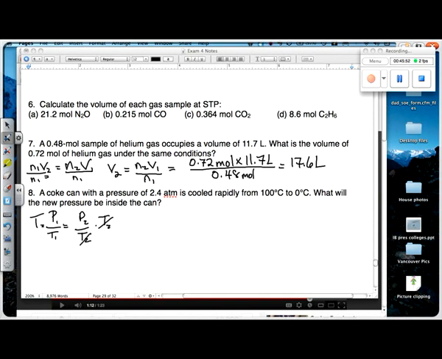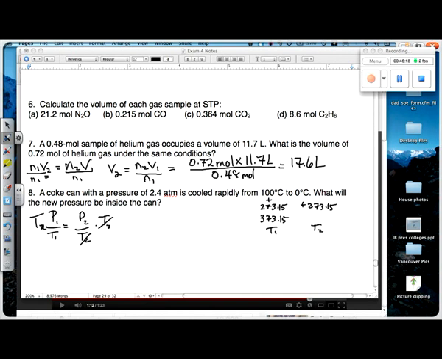All right, so putting our variables in, we must have temperatures in Kelvin, so plus the 273.15. So this is T1 and it's 373.15, and T2 is 0, so plus the same thing, 273.15. And this is our T2.